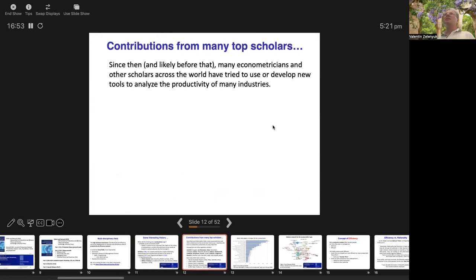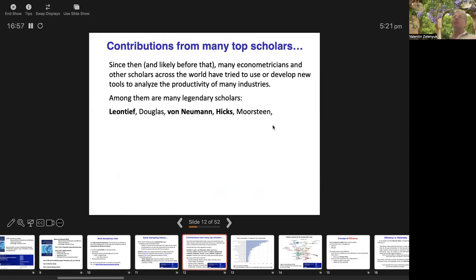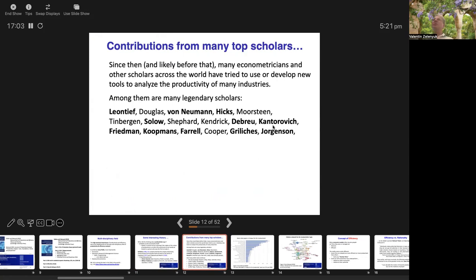But there are many other scholars, of course, besides these famous ones, and many of them also received the Nobel Prize at some point, like Leontief, Hicks, Solow, Debreu, Kantorovich, Friedman, Koopmans. Farrell didn't get the Nobel Prize, but also made a great contribution. We'll discuss this. Griliches, Jorgenson, and so on.